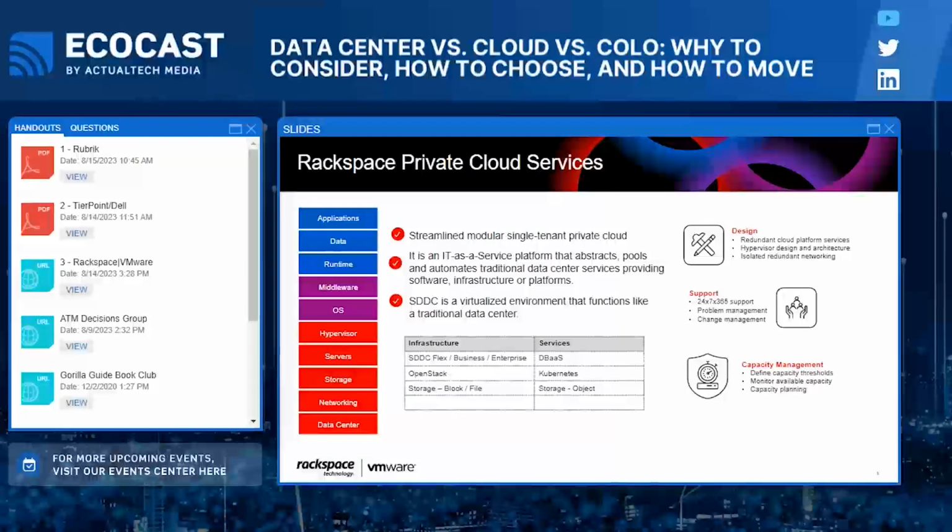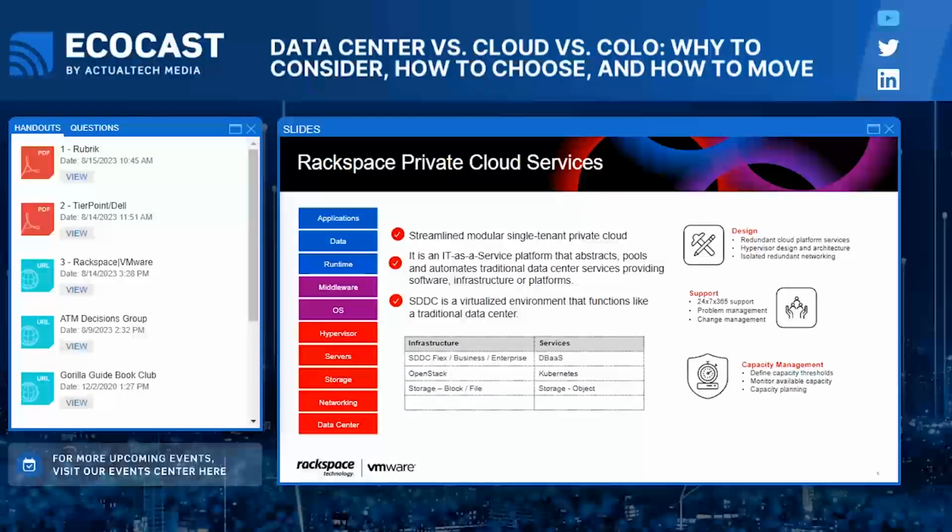But if you look at the left again, in terms of the OSI, I like to call it the OSI model for applications running in a data center. This shows the delegation of responsibilities. Everything in red is what Rackspace handles. So when it comes to the physical servers, the hypervisors, all that stuff, Rackspace manages it as well as the physical infrastructure. The middleware and the OS is a shared responsibility. Sometimes Rackspace can help manage that for clients.